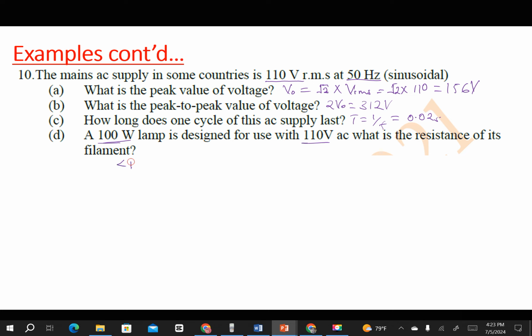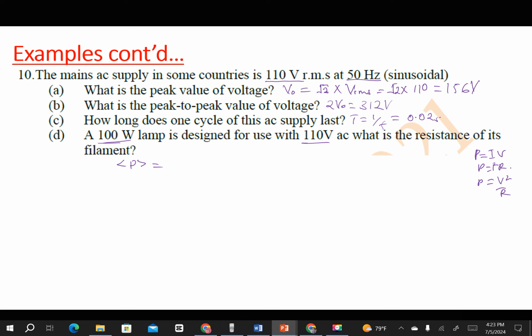Remember the DC equations: P is equal to I times V, P is equal to I squared times R, P is equal to V squared over R. You just modify them to include the root mean square values, since whatever you're calculating is average power.